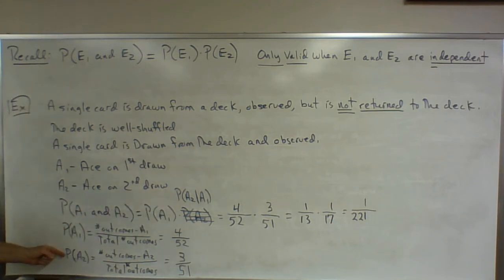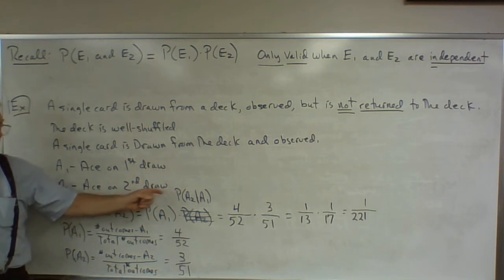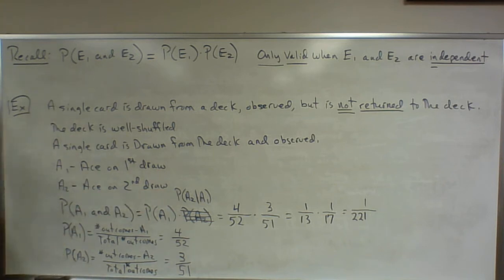Because what we computed down here was not really the probability that A2 occurred. We used this notation because in the last lecture we didn't know this notation. But what this really was, was the probability that A2 occurs given A1. That's what that probability is. The probability of A2 given A1.